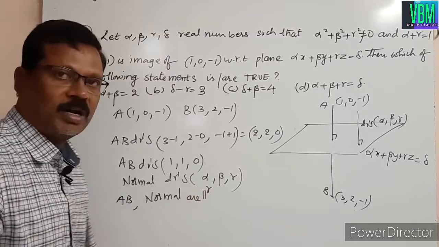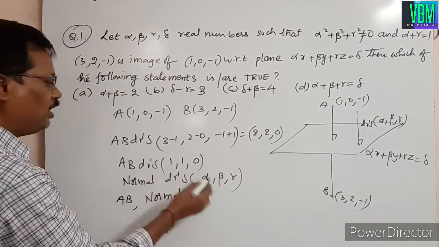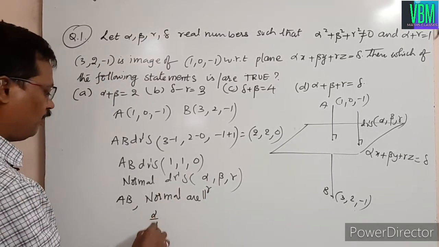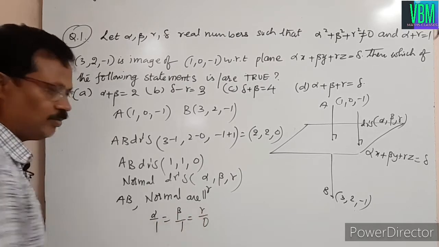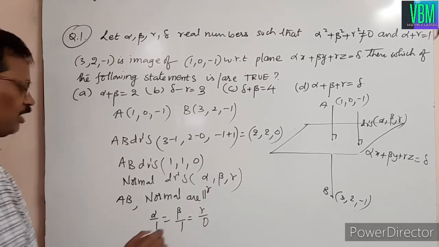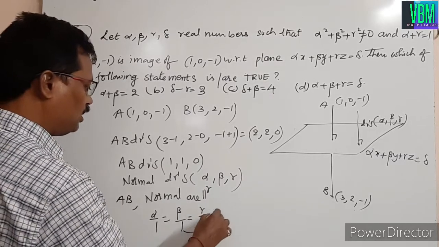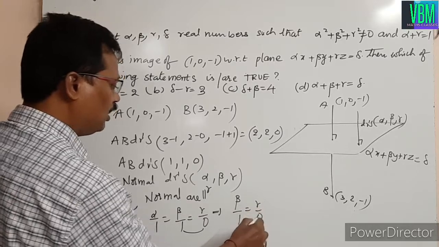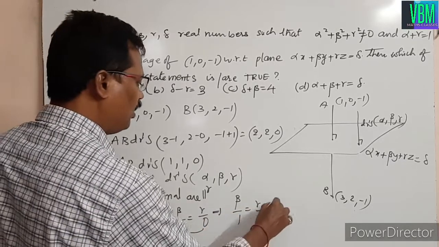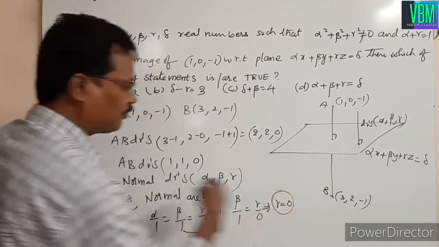Since these are parallel, their DRs are proportional: alpha by 1, beta by 1, gamma by 0. Now if I take these two equal, beta by 1 is equal to gamma by 0. Bringing the 0 this side, we got gamma is equal to 0.